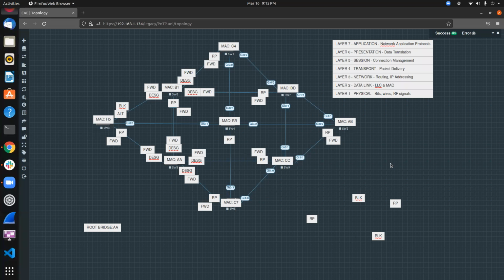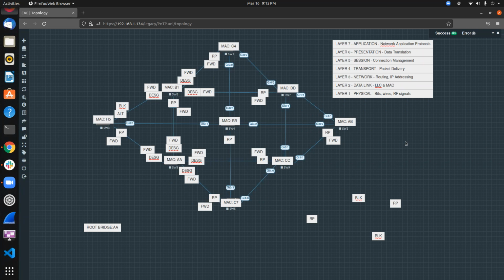I had to make a choice between C4 and DD, or what's going to be blocked, or what will be forwarded. Because of the lowest ID being B1 over DD and C4, I chose to make it go that path, specifically from B1 to DD.